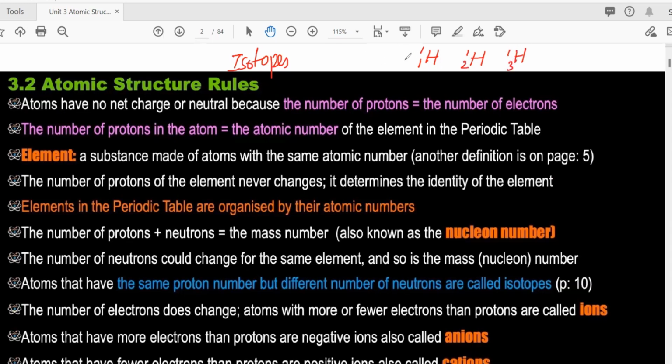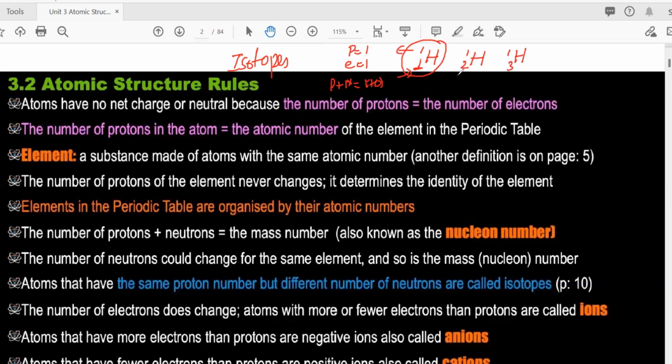For example, if you see here, what is the proton number? 1. It means one proton, it means one electron. Here the mass number is down. Mass number is always proton plus neutron. So here no neutron, only proton: 1 plus 0, that's 1. So the first hydrogen atom does not have any neutron.